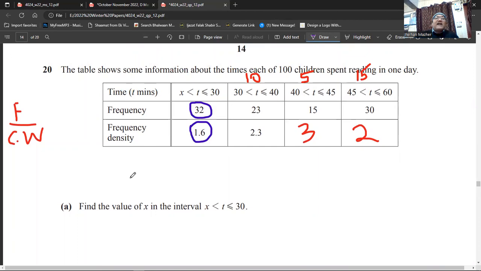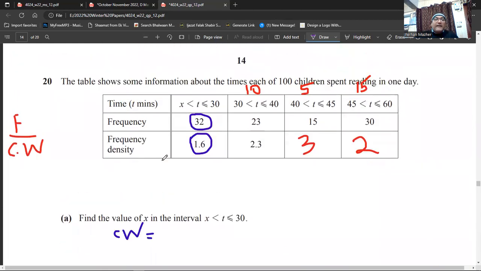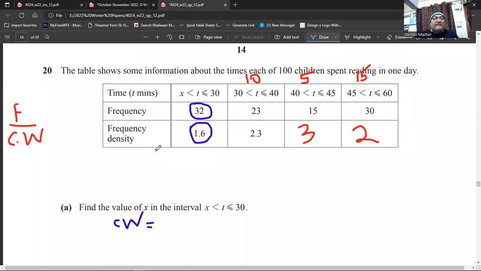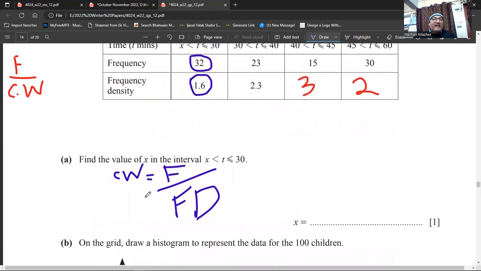So I can find the class width, which will be frequency divided by frequency density. That's the formula. So very easy, I will find the class width. Then from 30, I will subtract that class width and I will get the value of x.